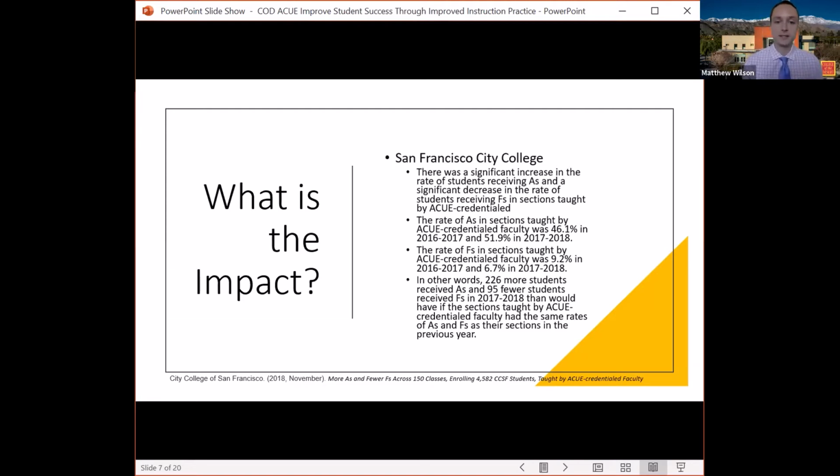And just like in Miami Dade, there were significant improvements in the rate of students getting A's, and of course, the number of students that got F's significantly decreased as well. Based on these ACUE credentialed faculty, 226 more students received A's and 95 fewer students received an F, when comparing the same sections from an ACUE credentialed instructor to a non-ACUE credentialed instructor.